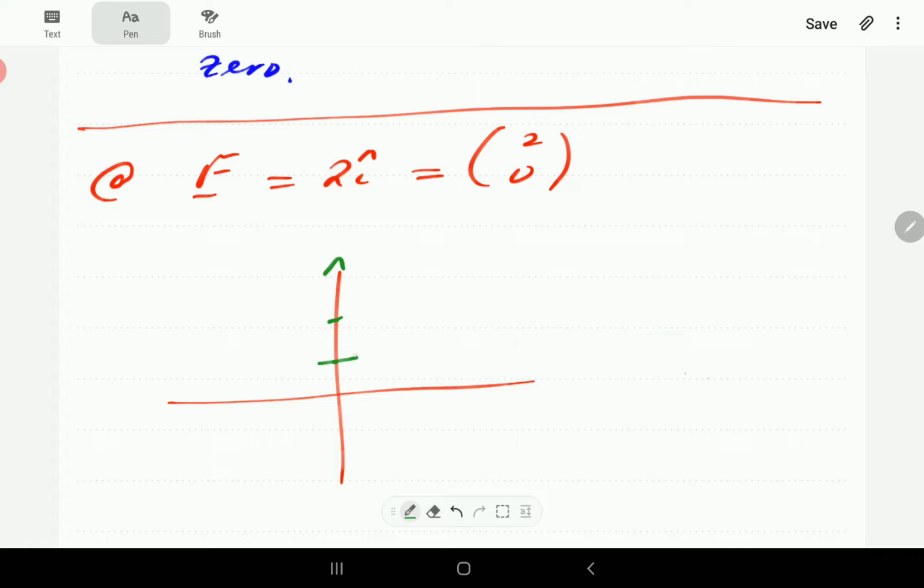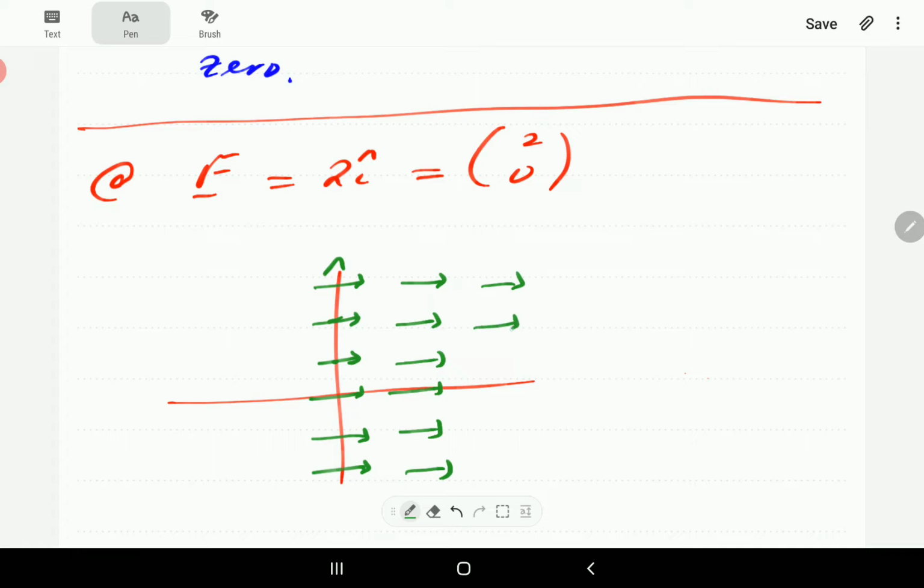So that means if the x component is 2, the y component is 0. So this is always going to be magnitude 2, irrespective of where we are on the xy plane. So this is what we're going to have here.